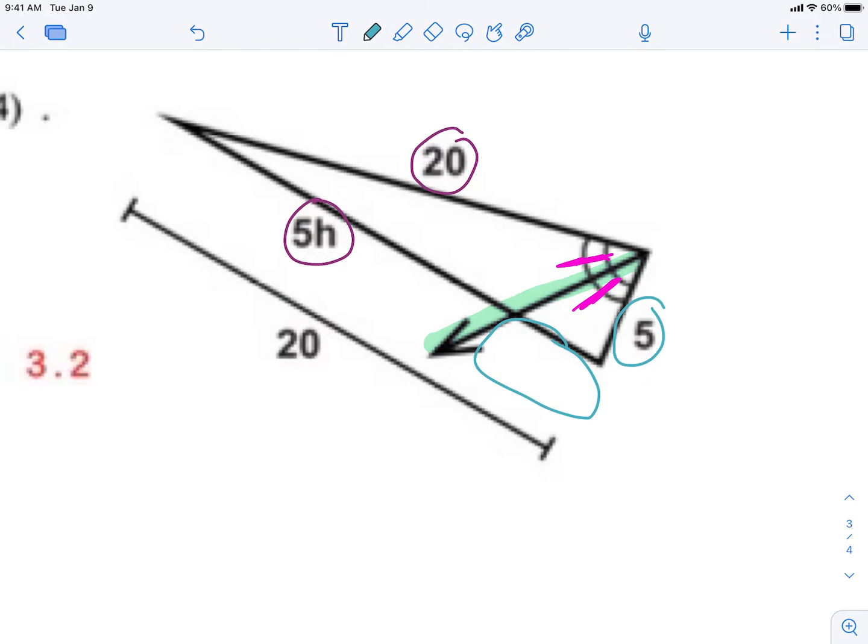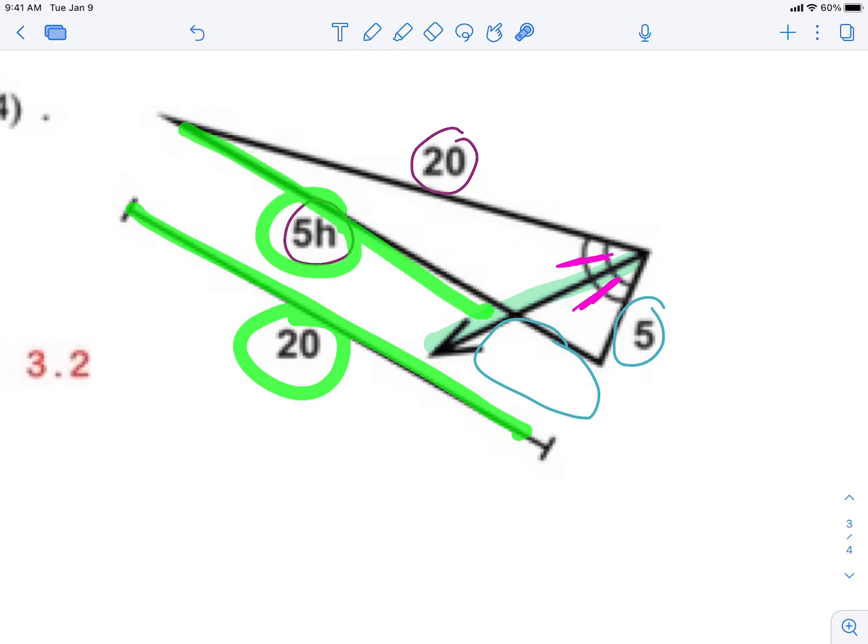Something should be there. When there's a missing side and they give us the whole side of the triangle, what we do is we multiply the whole side, which is 20, times part of the side, and that'll give us the missing side.